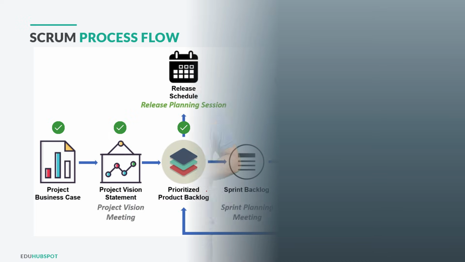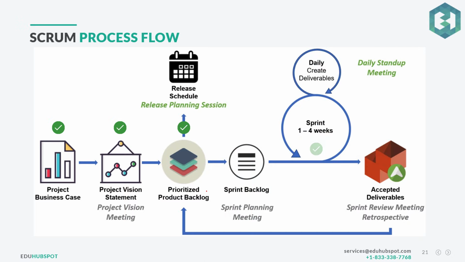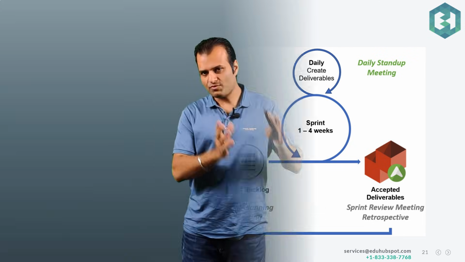Now, this is at a release level. But then you are doing work also, right? So for that, you will have sprints. Typically, sprints are 1 to 4 weeks, and I would say typically they are around 2 weeks. From that product backlog, let's say there are 100 requirements.